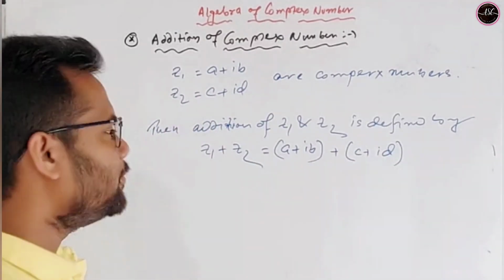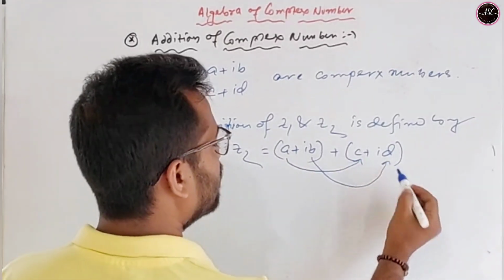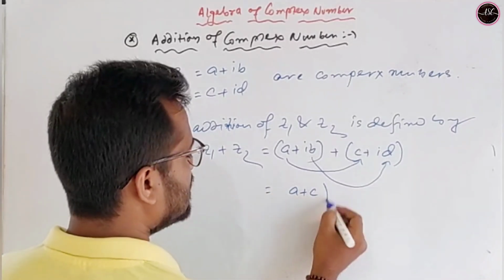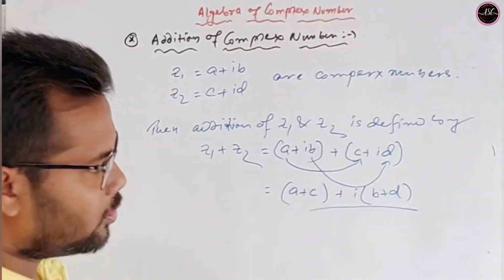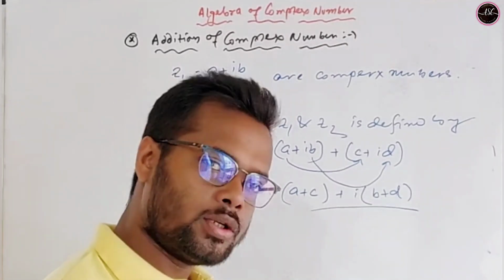And what will be the value? Here simply add the real part with the real part and the imaginary part with the imaginary part. So we have a plus c plus i of b plus d. Very simple.